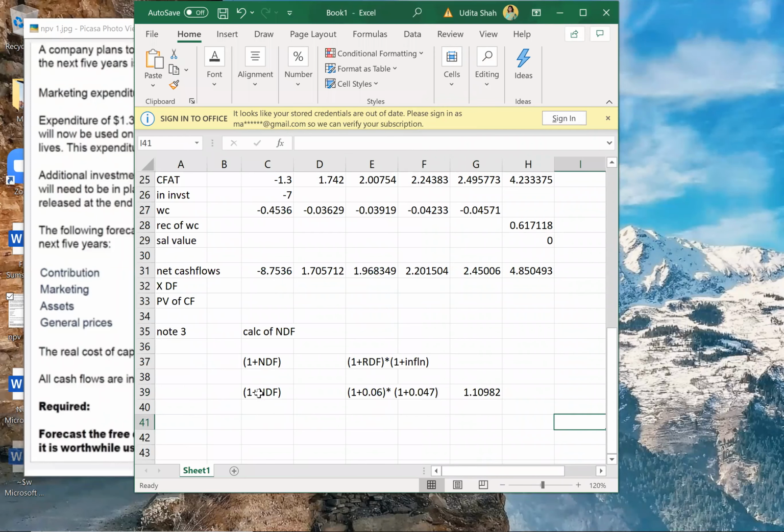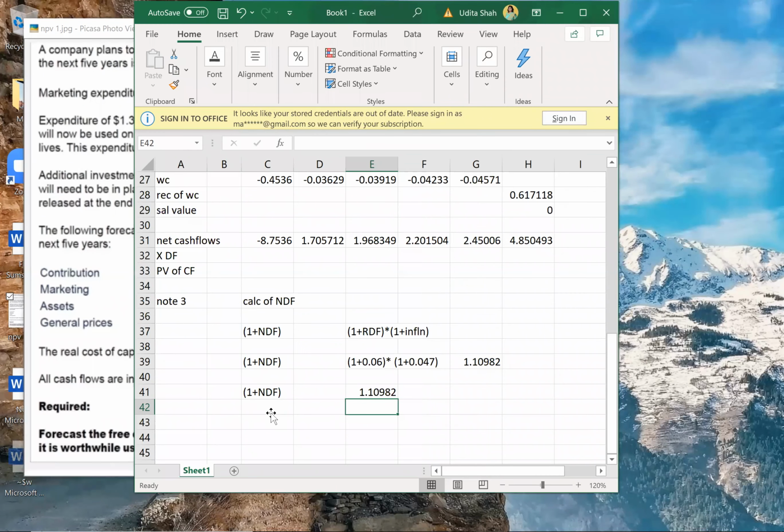So I can say 1 plus NDF is equal to 1.10982. Correct? Sankara, you have got it correct. So NDF is equal to this minus 1.